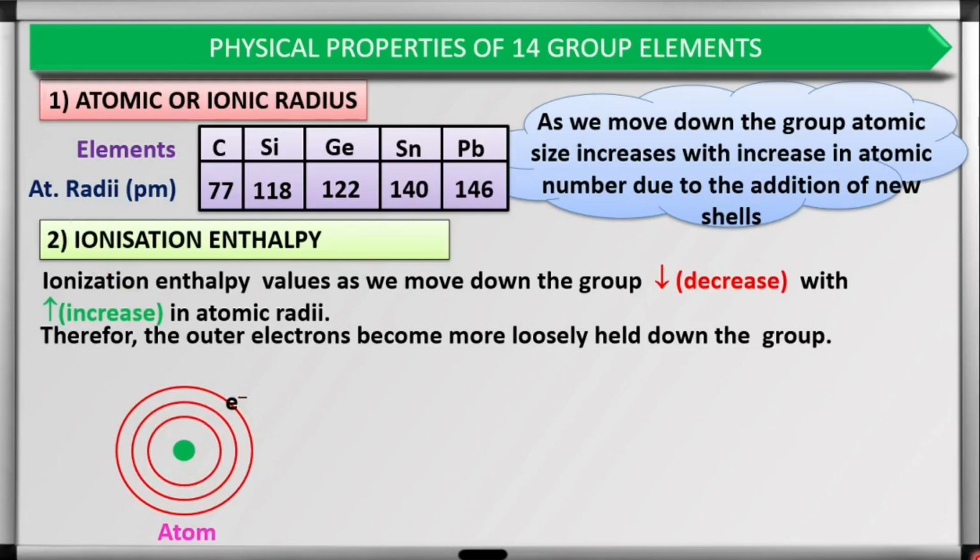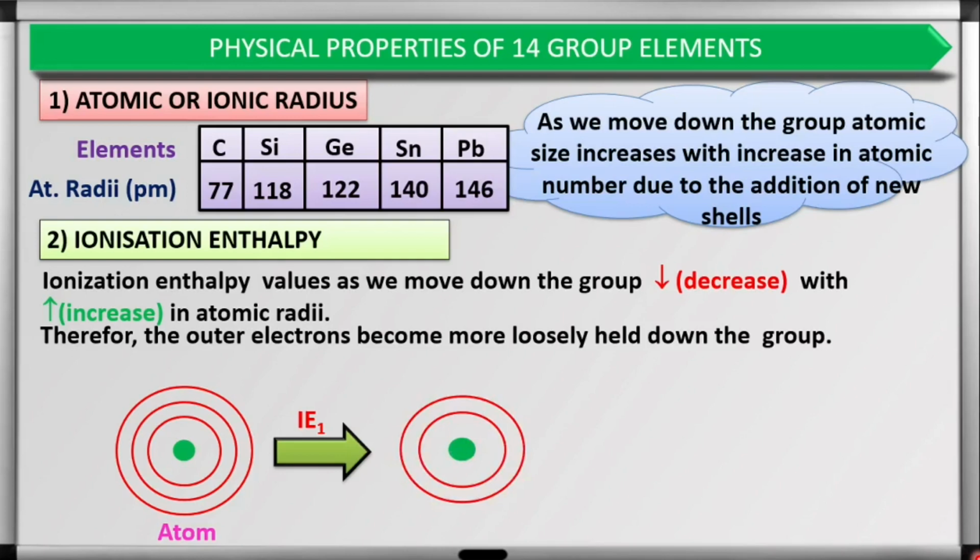And after the loss of electron, what happened in the first ionization enthalpy? See here, after the loss of electron in the first ionization enthalpy it forms a monovalent cation. And now here if we look at the monovalent cation, the distance between nucleus and electron is less than this one.